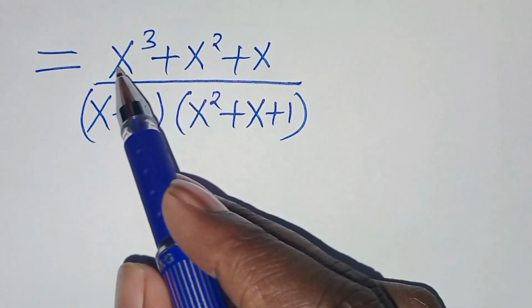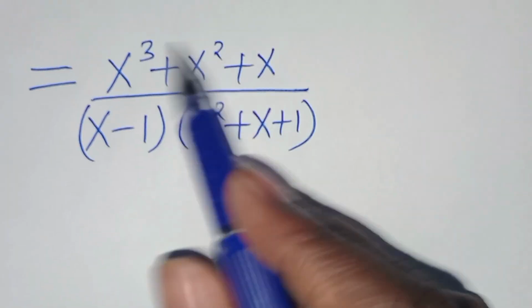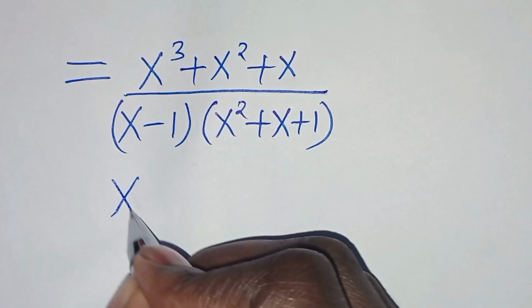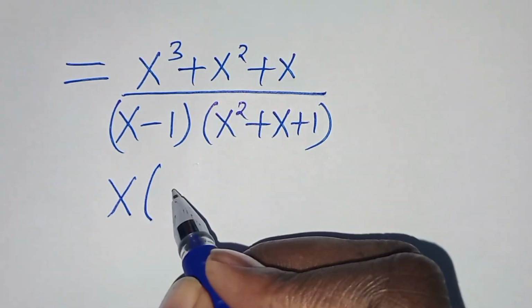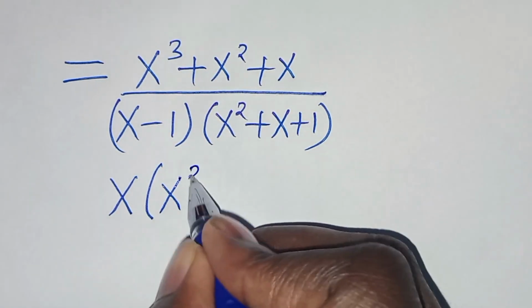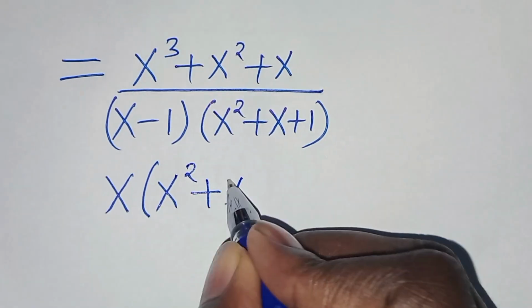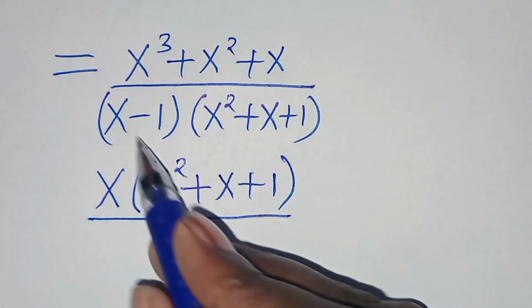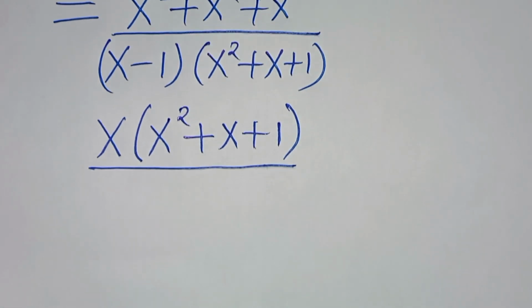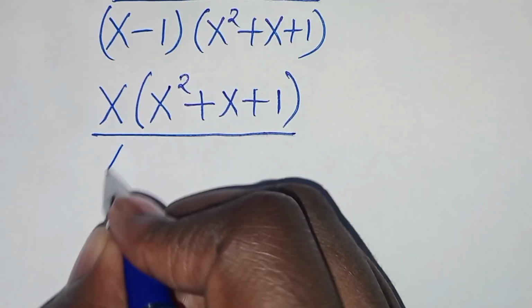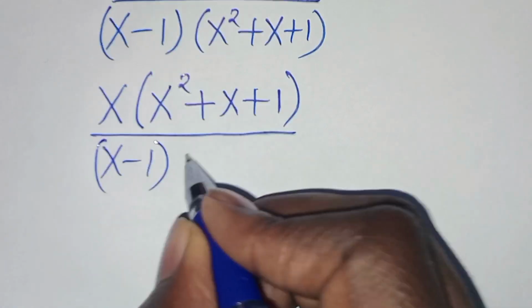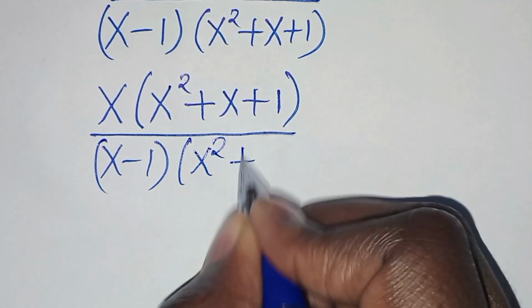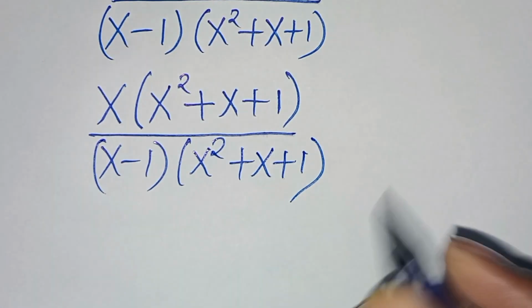Now, we can factor out x as common in the numerator, so that now we have x times the parentheses x squared plus x plus 1, divided by the denominator x minus 1 times x squared plus x plus 1.